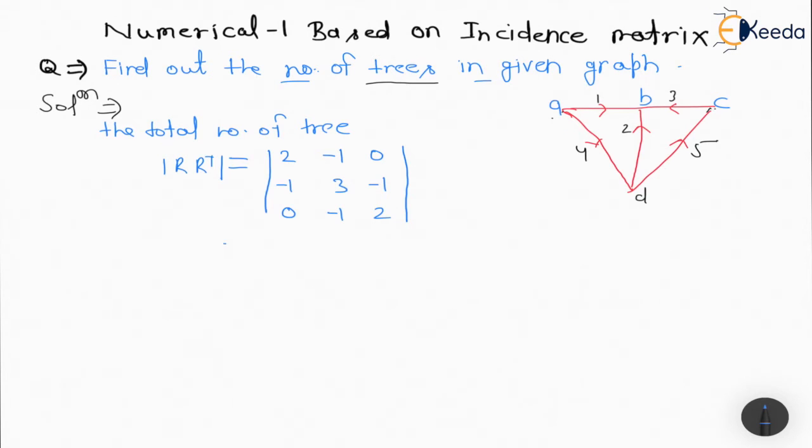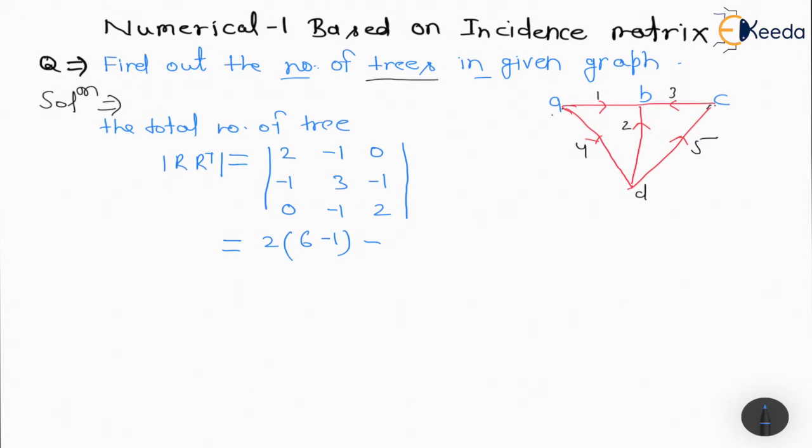So the value will be 2 into (6 minus 1). Minus of minus 1 will be plus 1, and minus 1 into (2 minus 0).